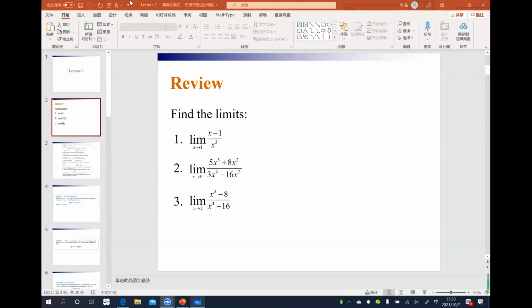The first student, you made a little mistake on question number 2. Please check the picture I sent in the WeChat group.